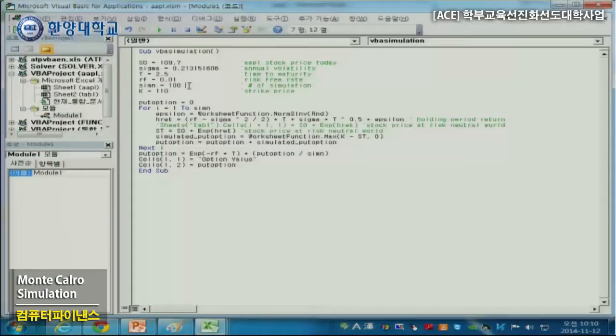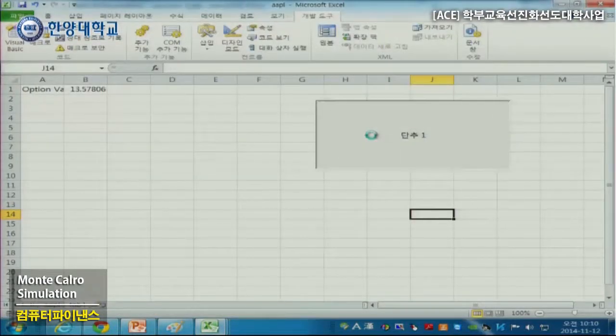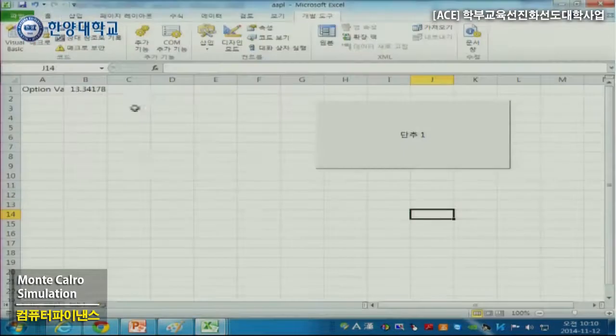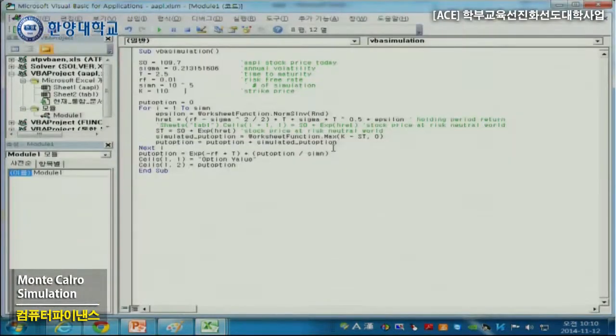And if I increase number of simulation, right, like this is 100,000 times, 10 to the power of 5, then it takes more time, but much more stable, right? Right, now it changes around 13, okay? So it becomes a much more stable value. So this is done.